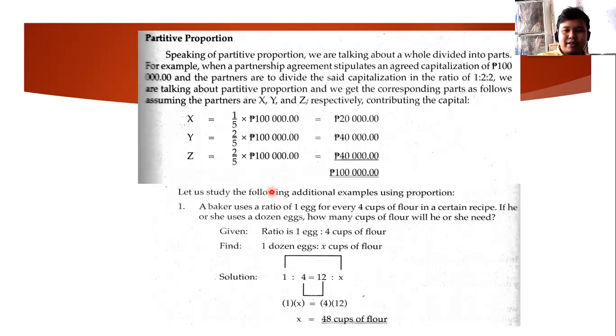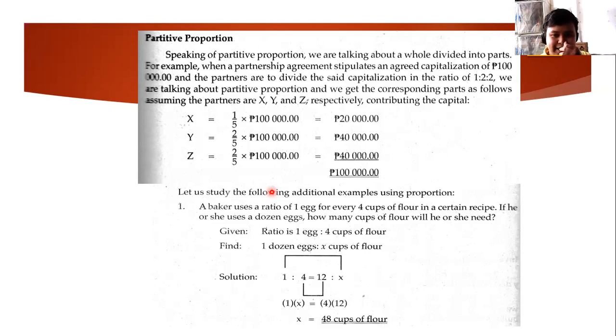So they have 100,000, but the partners are to divide the capital in the ratio X is 1, Y is 2, Z is 2. Taking the partitative proportion, we get the corresponding parts, assuming the partners are X, Y, and Z, respectively contributing capital. So for X, since the ratio is 1 to 2 to 2, the total is 5. So X gets 1 over 5 times 100,000, so he has 20,000. Y and Z, same, 2 over 5 each, 40,000 each. So the total is 100,000.